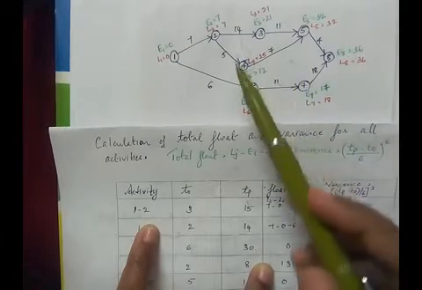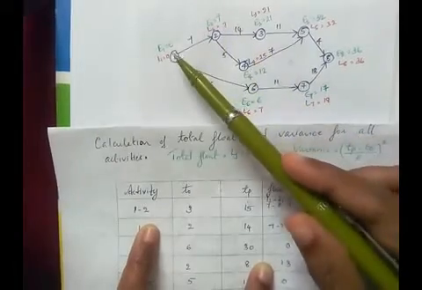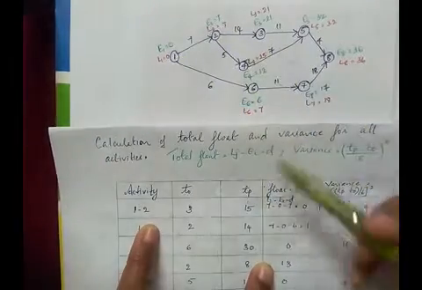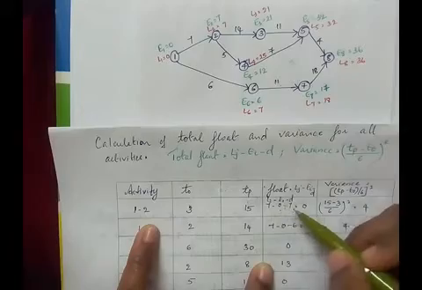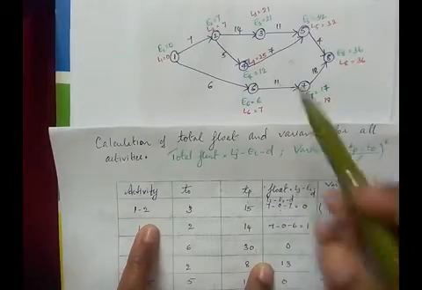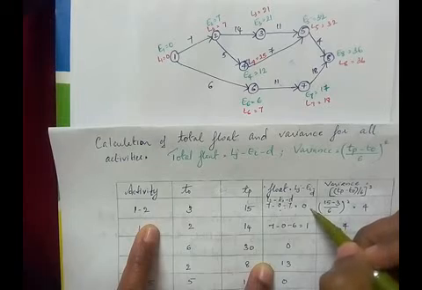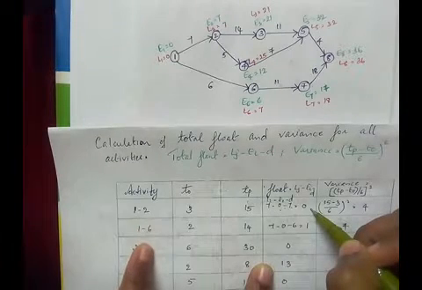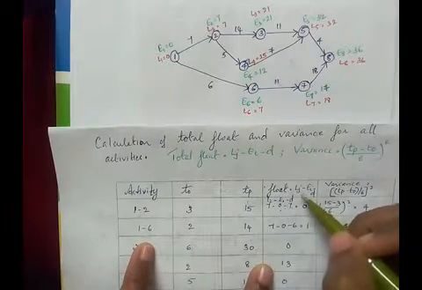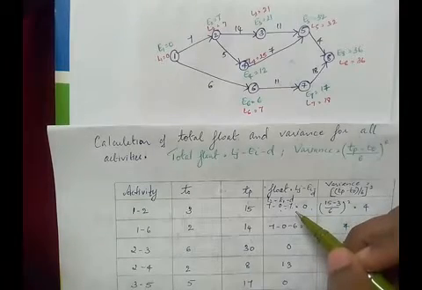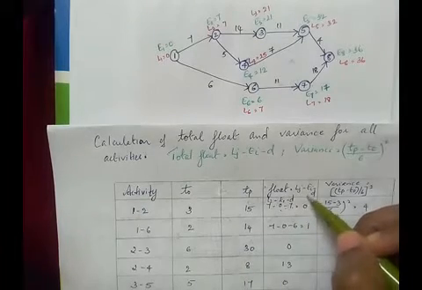The value of L2 is 7 and the value of E1 is 0. So 7 minus 0 minus the duration of the activity. The duration of the activity is 7. So minus 7, and we will get 0. This way we can find the float value for each activity using this formula.